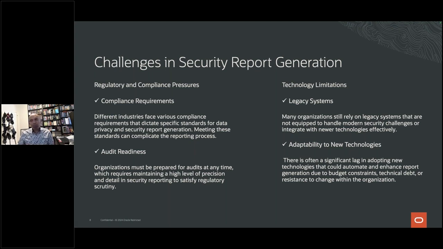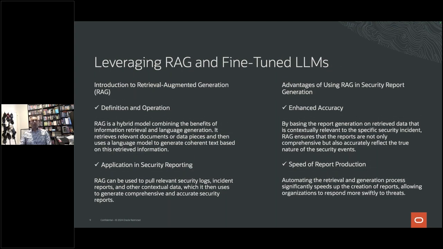So what can we do to address all these things? One of the things that we are still experimenting with, and it is also in production in some cases, is using generative AI integrated with our OCI Cloud Guard and other OCI services, including our vector search.